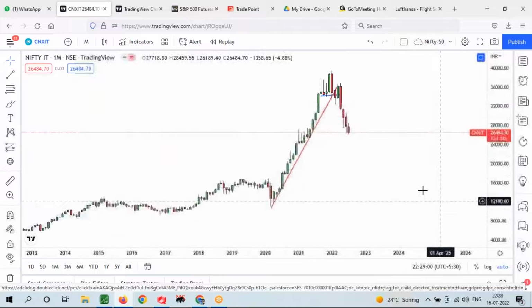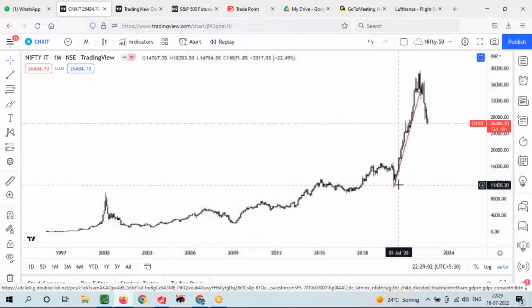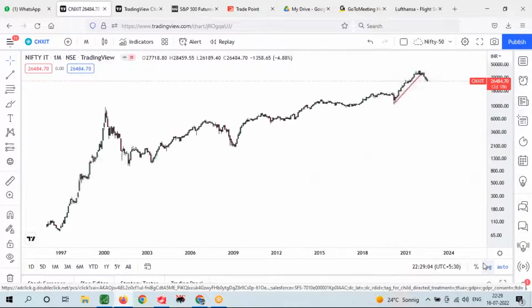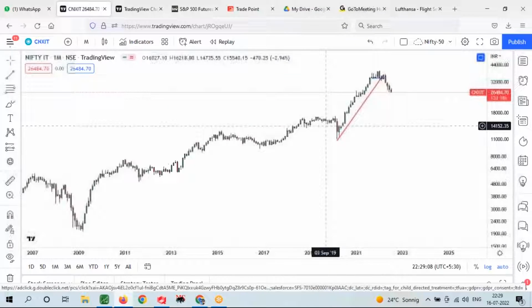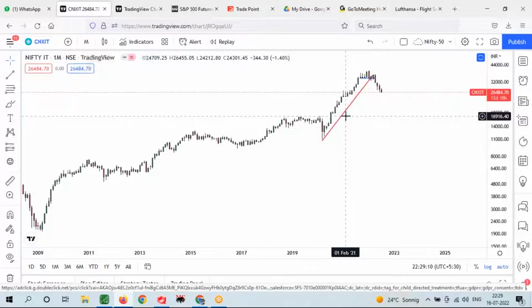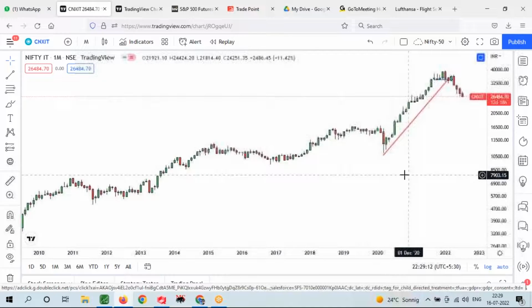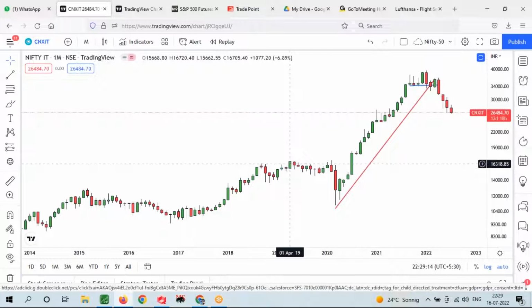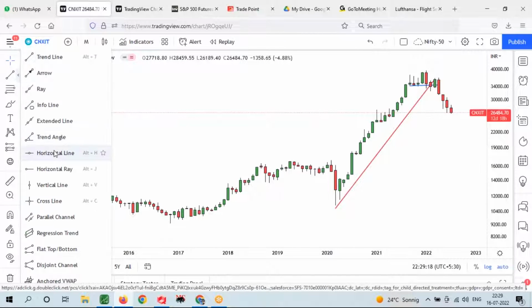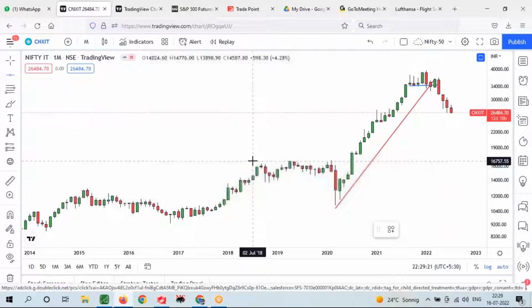All right. So if I look at the weekly chart, this is actually 2019, 2020 highs here. Will it go there? That's too far.